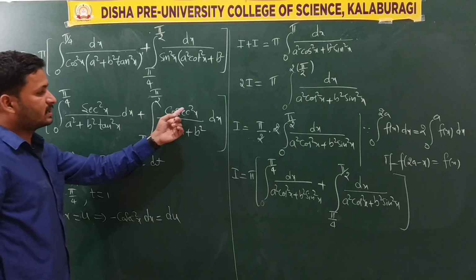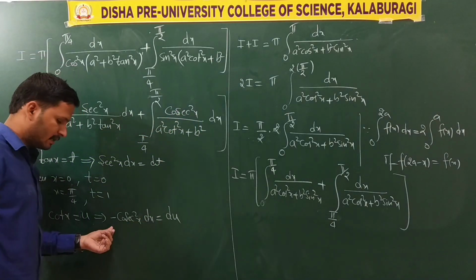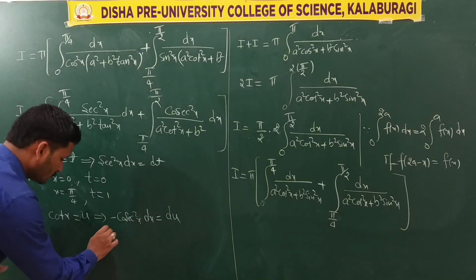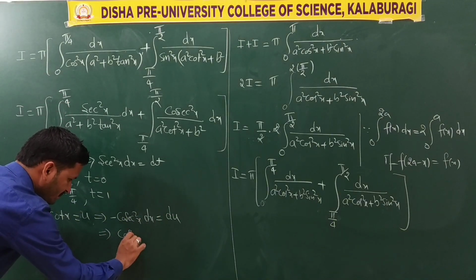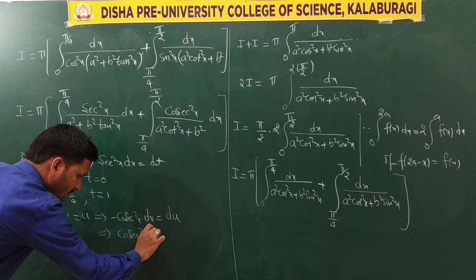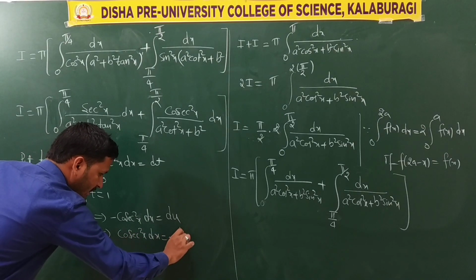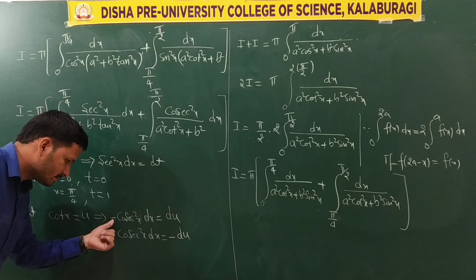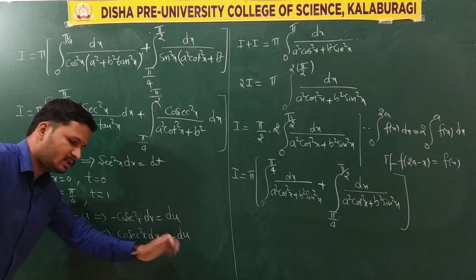But here we have only cosec square x dx, without the minus, so multiplying through by minus sign, cosec square x into dx equals minus du.